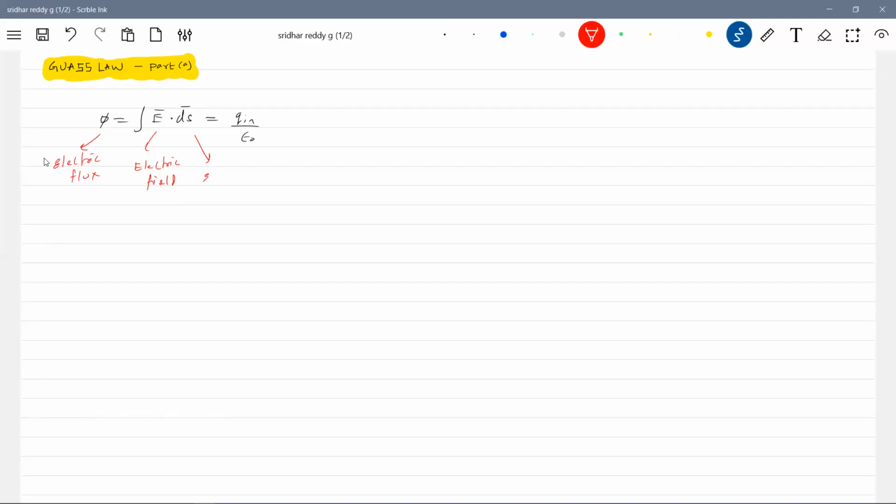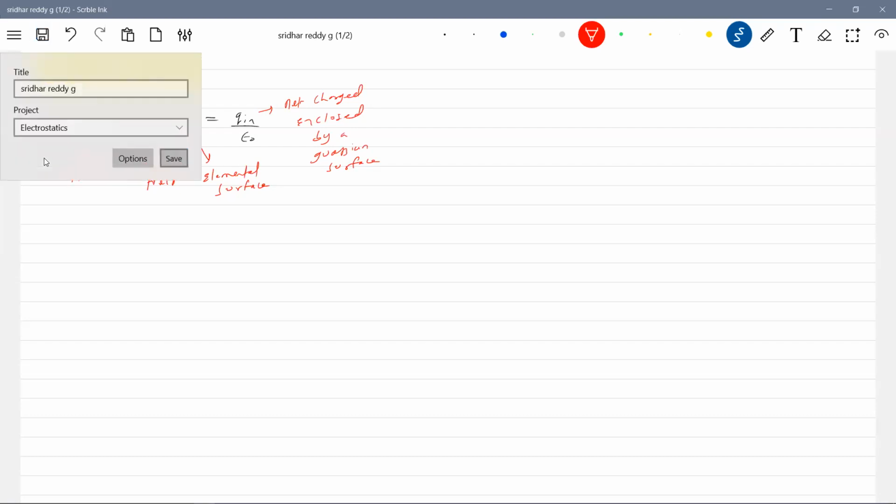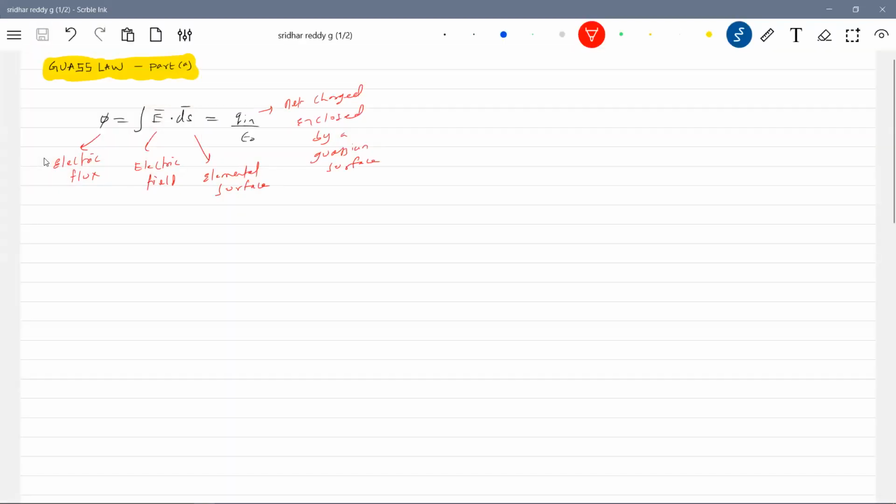What is ds? Elemental surface. Q in is the net charge enclosed by a Gaussian surface. These are the various quantities which we have defined here.